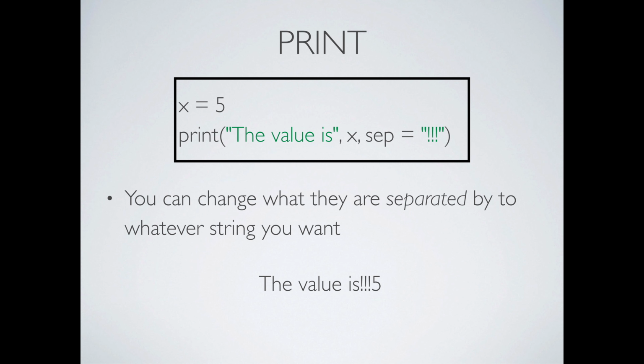So in this example, the output would be the value is !!! 5, because we said, hey, print these 2 things, separate them with 3 exclamation marks. Again, the rule is with both this end and this sep, whatever you give it, it has to be a string. So do keep that in mind.